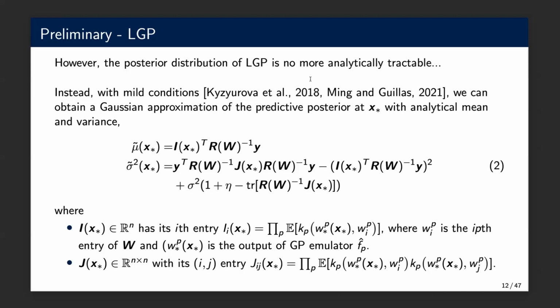For example, the kernel should belong to the exponential family, like the commonly used RBF kernel, the Gaussian kernel, or the Matern family kernels. I don't want to go through the derivation of the formula, but we can compute it analytically with a Gaussian approximation, the mean and the variance, to approximate the predictive posterior of the linked GP.